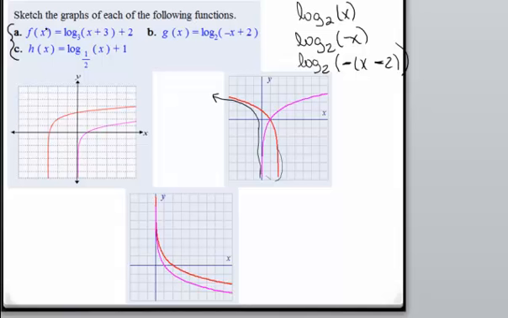That was a little bit tricky. How about the next one? Log base 1/2 of x and all that plus 1. So this purple pink line, this is your log base 1/2 of x. That's this one. So what would adding 1 to this function do? It would simply shift it up 1 unit.